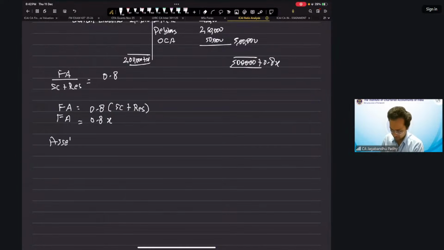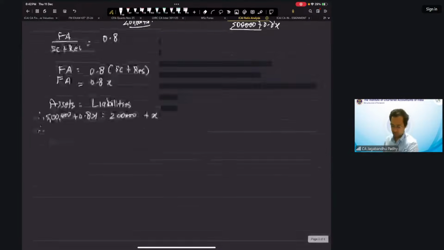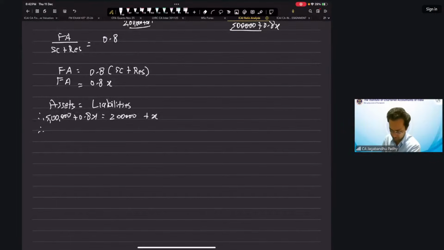Assets is equal to liabilities. So 5 lakh plus 0.8X is equal to 2 lakh plus X. Let us bring numbers and variables on one side. So we'll thus have 3 lakh is equal to 0.2X. So the value of X is 6 lakh.